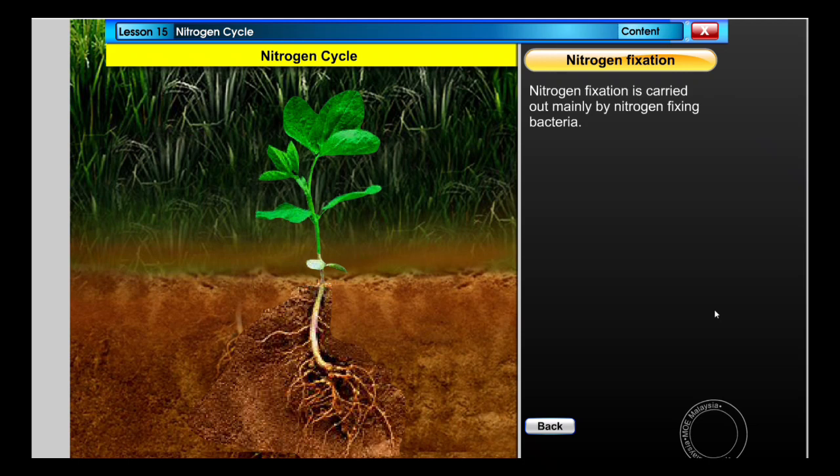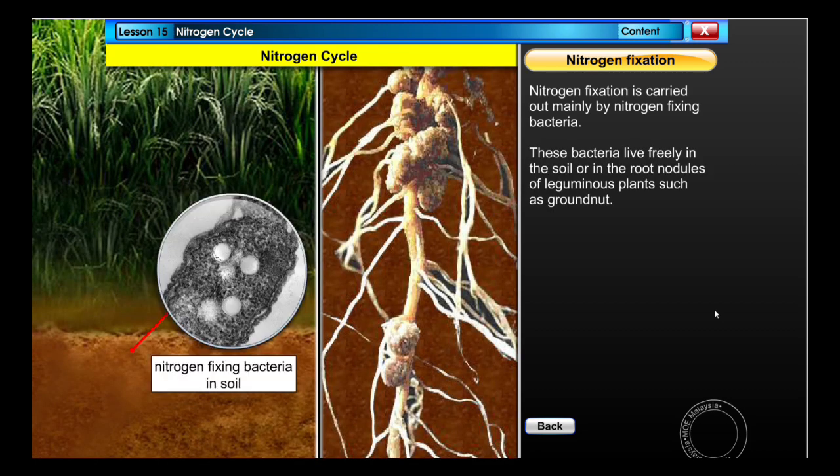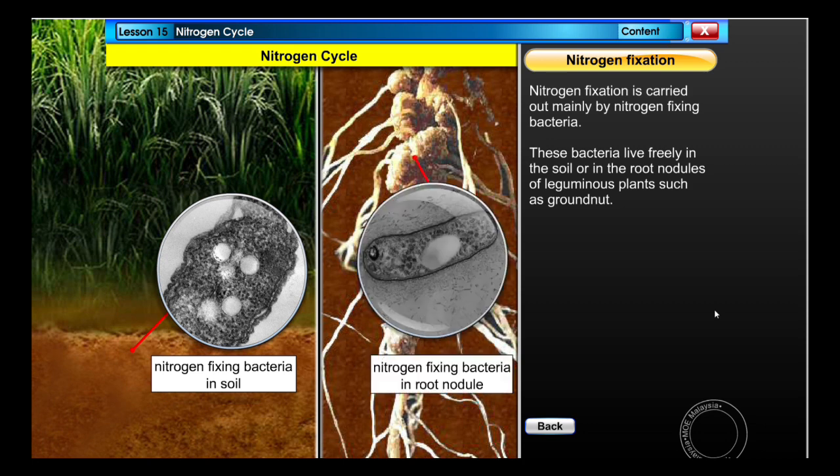Nitrogen fixation is carried out mainly by nitrogen-fixing bacteria. These bacteria live freely in the soil or in the root nodules of leguminous plants such as groundnut.